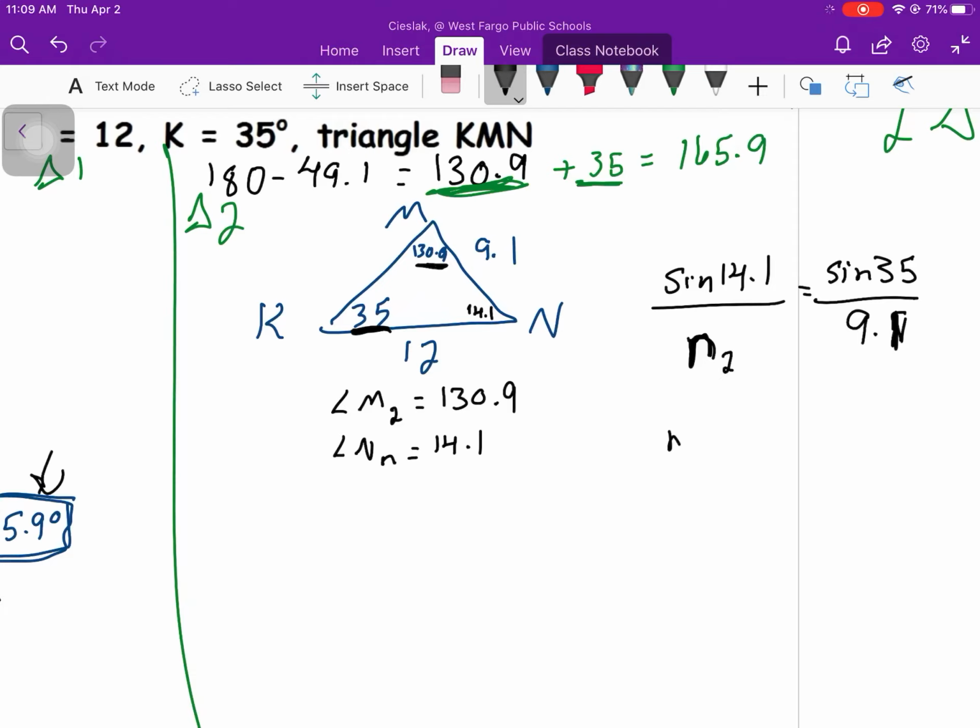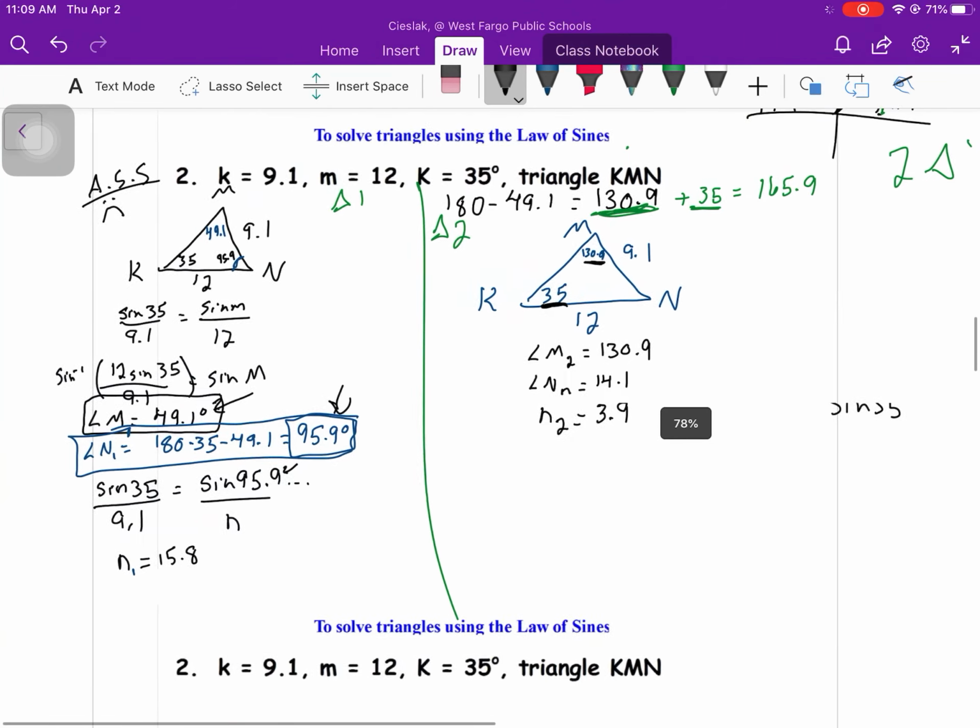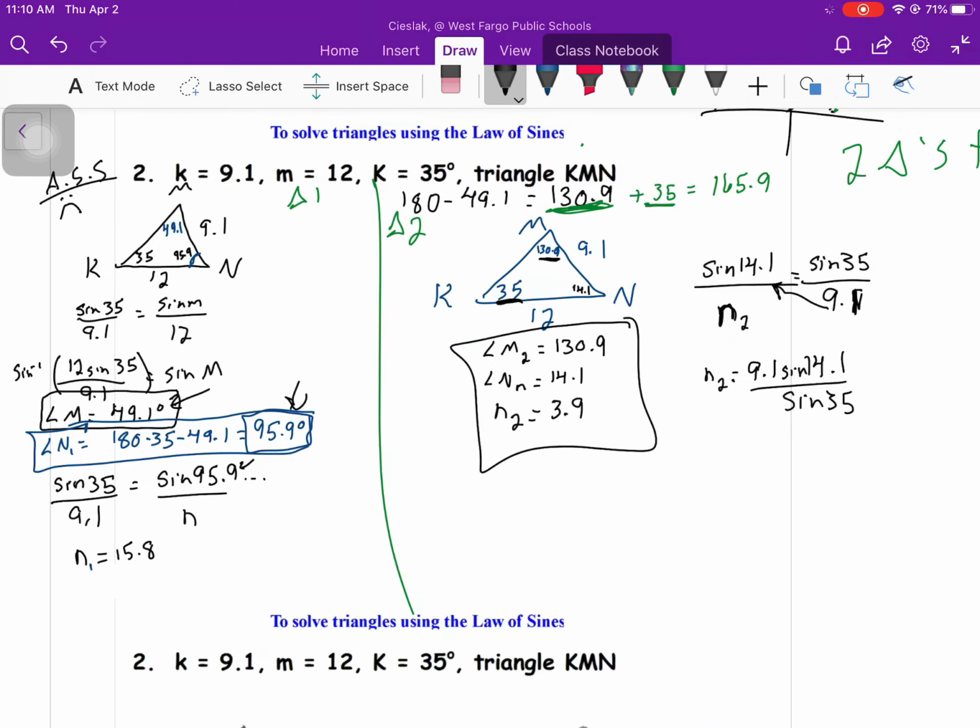Cross multiply, I'm going to call this n2. So n2 is equal to, we should get that to come out to be 3.9, by cross multiplying and then dividing by sine 35. So n2 really is 9.1 sine 14.1 over sine 35. That just comes from cross multiplying and solving, guys.